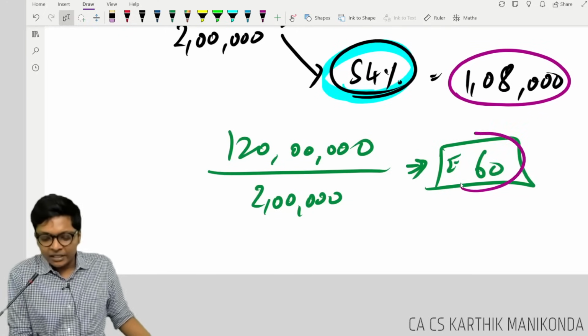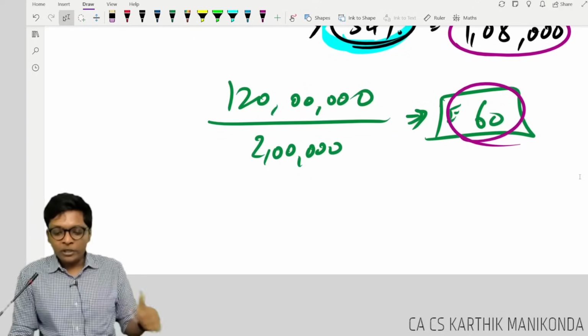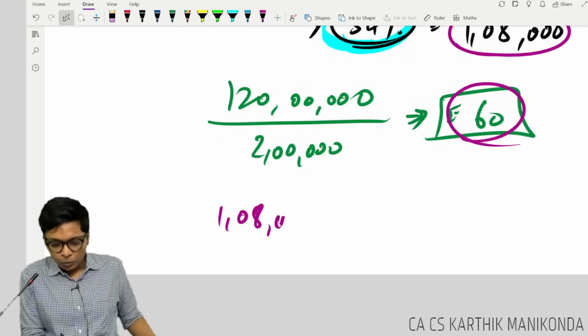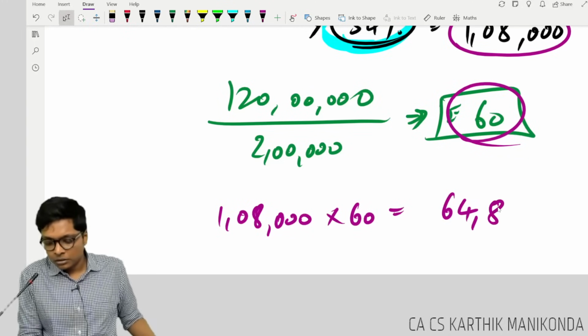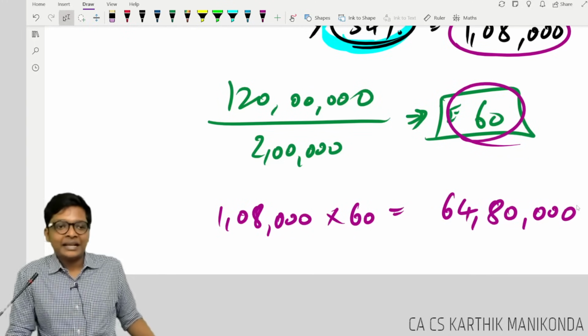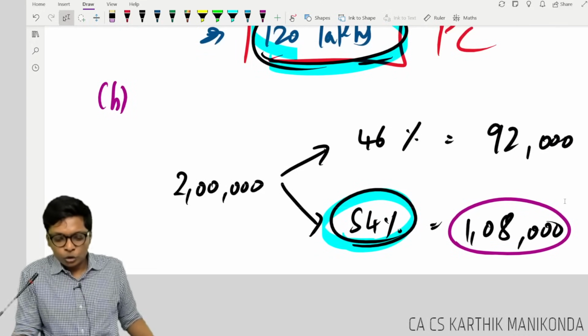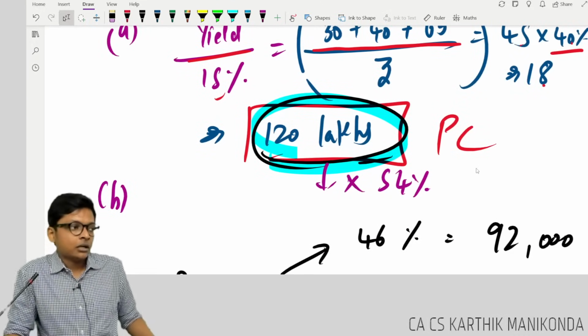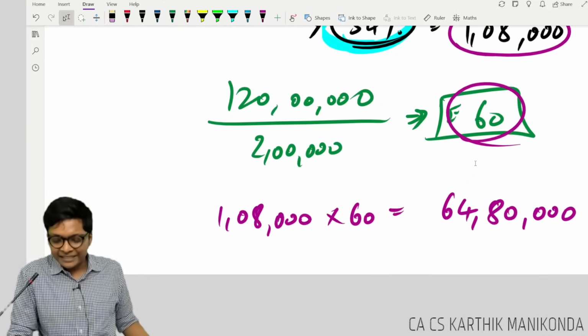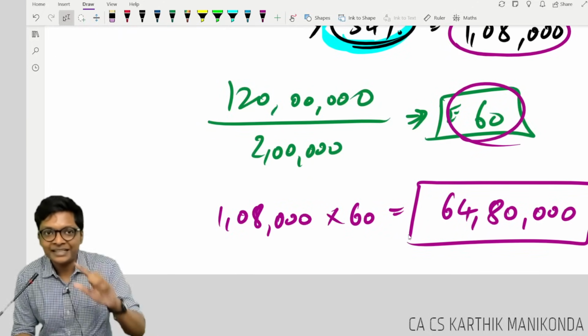So per share is worth 60. How much should I pay them? 1,08,000 into 60, which is 64,80,000. Or in other words, you do 120 into 54%. This is what I'm going to pay. How much, guys? 64 lakh 80. This only I should pay.